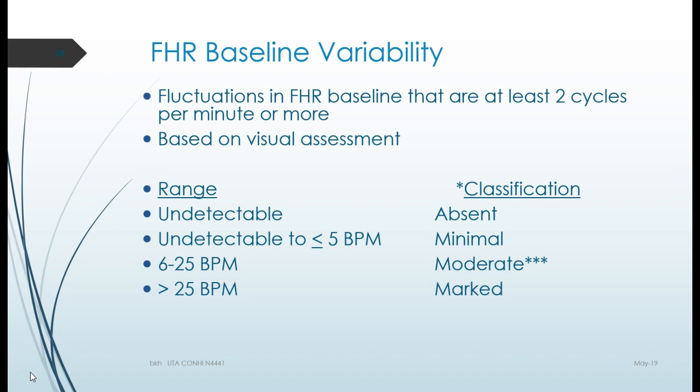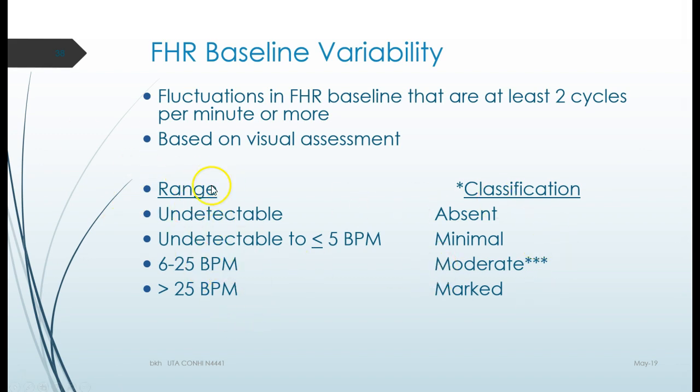And so variability is a baseline characteristic. It is what is happening in the basic part of the baseline. It's based on a visual assessment. We're not pulling out calipers to measure something. We're just going to look and see what that range looks like. So here's our ranges right here.